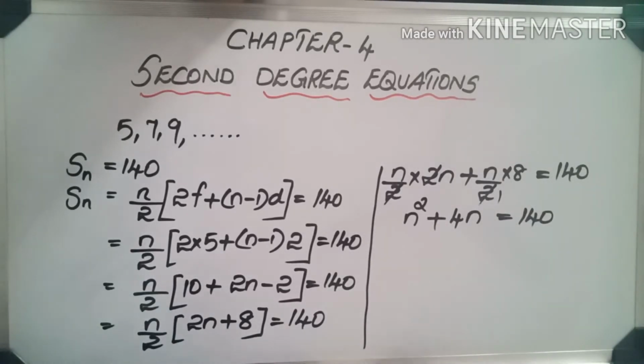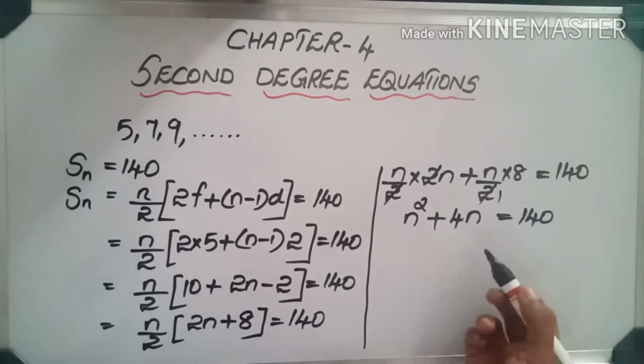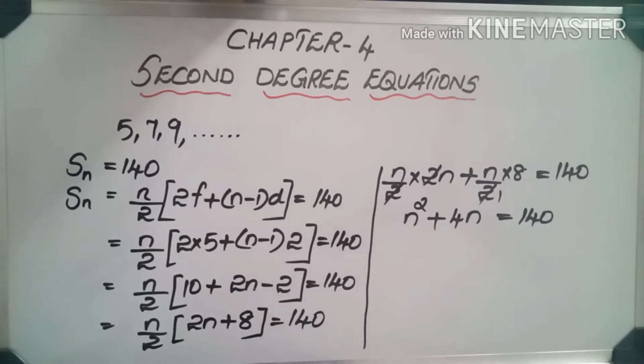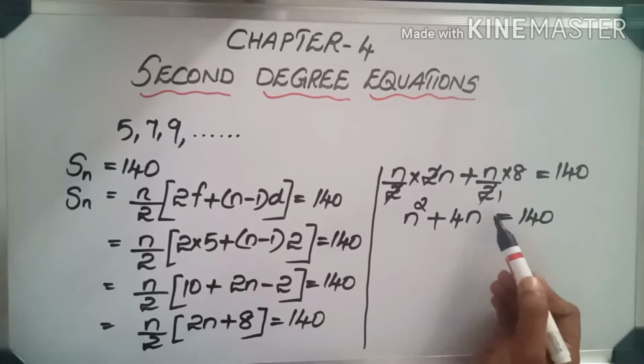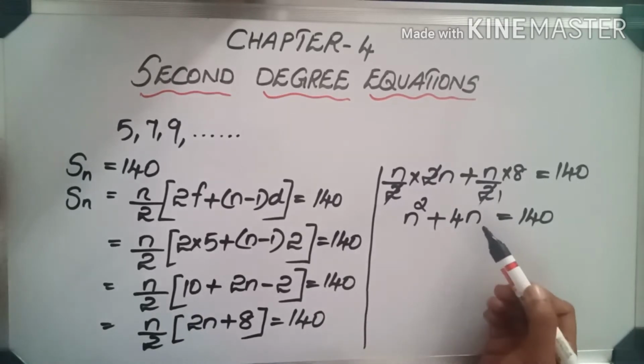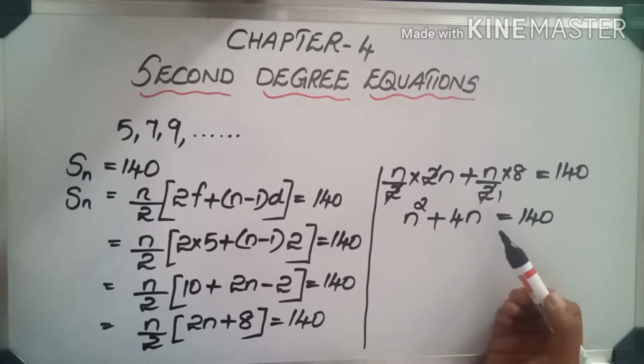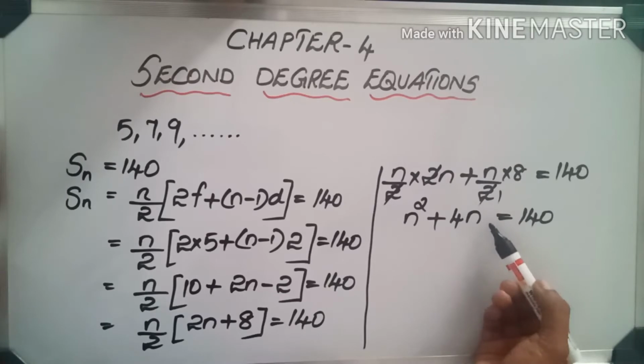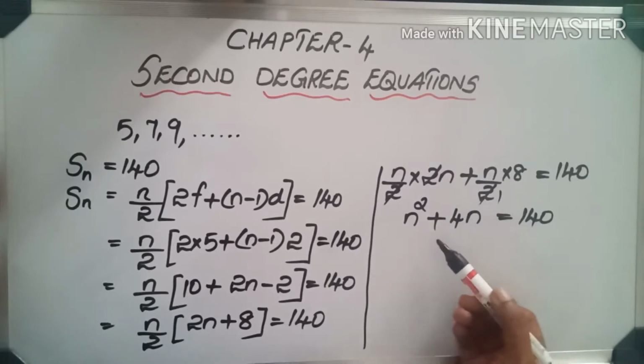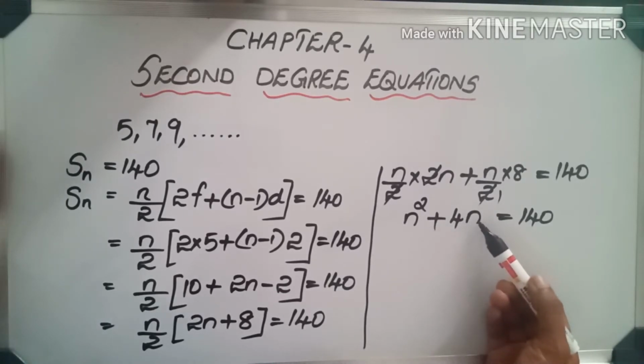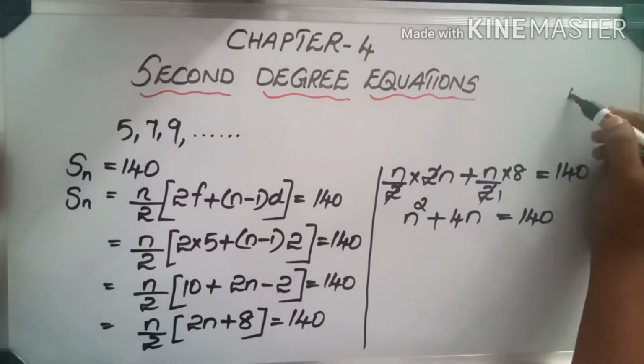Now we need to find the value of n here. So we have to apply the completing the square method. Here one term is missing. One more term we need in order to get the simplified form. What can that number be? How will we find it? We consider the coefficient of n, which is 4.